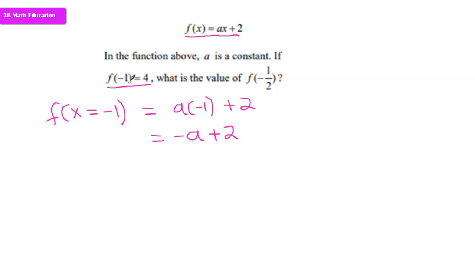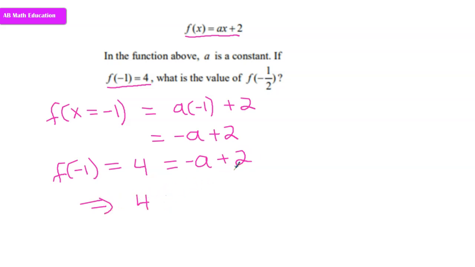But we know that f of negative 1 is also equal to 4. Then it must be equal to negative a plus 2. So this implies that we are able to solve for our a.